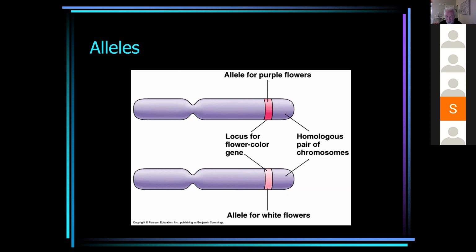So the chromosomes are homologous. That is, they're bred to be the same at all genetic loci, except at this one locus, they're heterozygous for purple flowers versus white flowers.